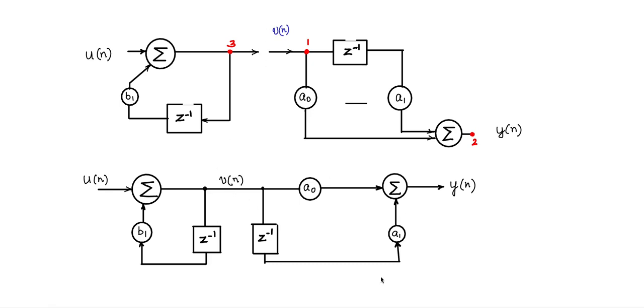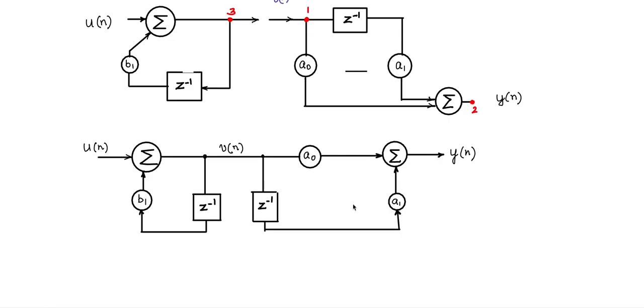So I will call this one as VN here. So now if you look at this block diagram, this is Vn. So if I take some instant of time kT, if this is Vk, this value here after the unit delay would contain the one sample time previous value of Vk, which means Vk minus 1.